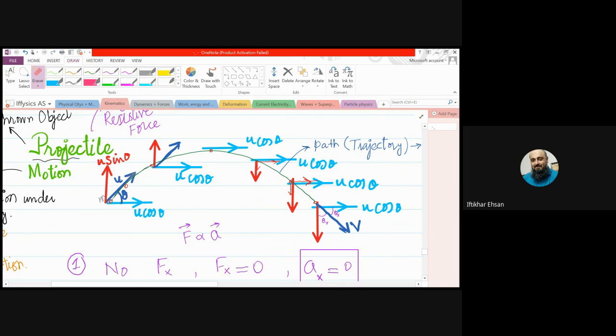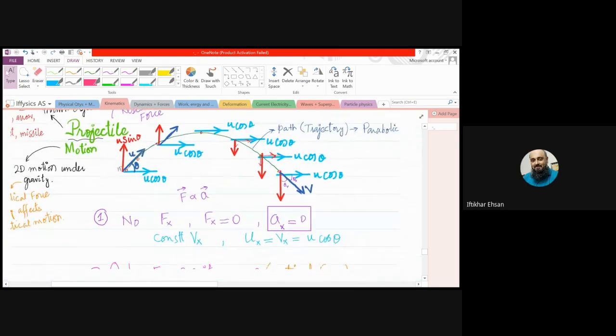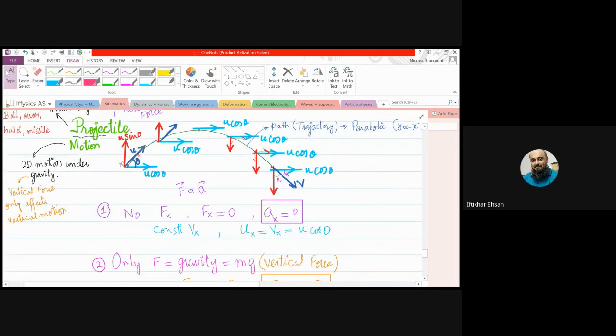Clear? Now, these two points are going to be the most important. Anything we do after that will be based on them. What is the first point? We consider there is no resistive force.